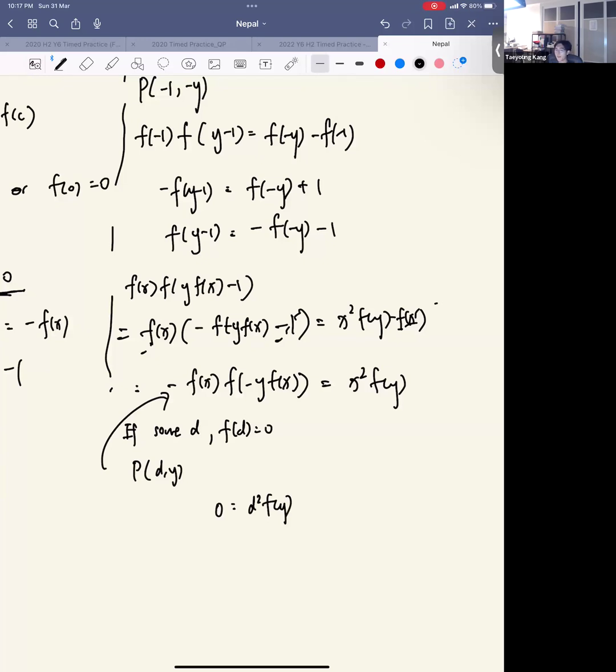But since we're assuming that there must exist some x such that f(x) is not equal to 0, it means that d is equal to 0. Hence, f(c) equals 0 implies that c is equal to 0. So only 0 can give you f of that is equal to 0. Basically, if d is not equal to 0, f(d) is not equal to 0.